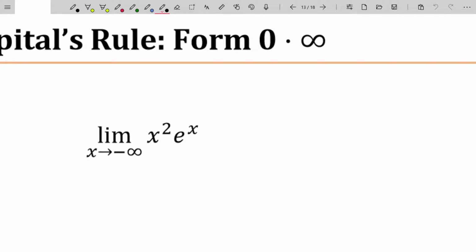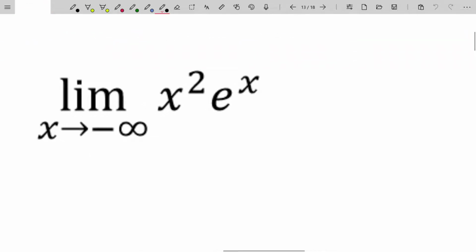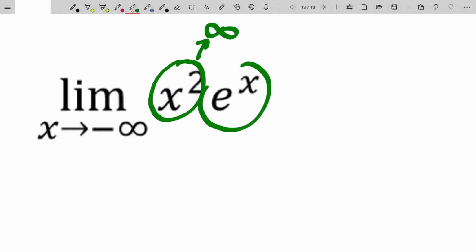You have to understand, you're working with a limit. So in this limit, while it is true that as x approaches negative infinity, this number is approaching infinity because it's being squared, so it approaches positive infinity, and it is true that this number right here is approaching 0, the second number, which is approaching 0, is not identically 0.